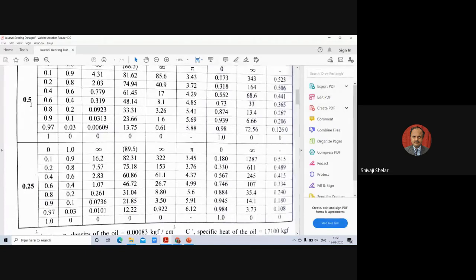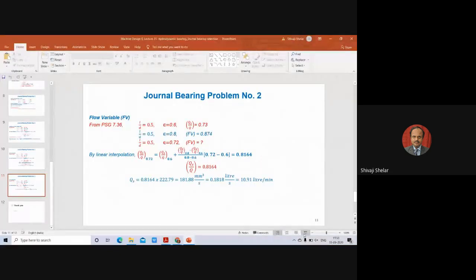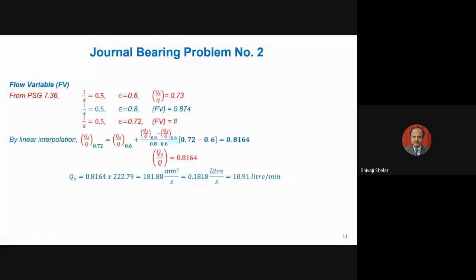Our value is 0.5 and we have epsilon 0.6. The value is 0.73. Epsilon value 0.8, this value is 0.874. So that we are using in the calculation here. Please make this correction in your write up. Here it is QS by Q and here it is also QS by Q.